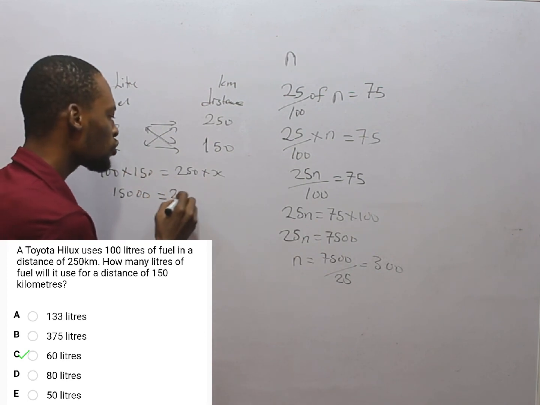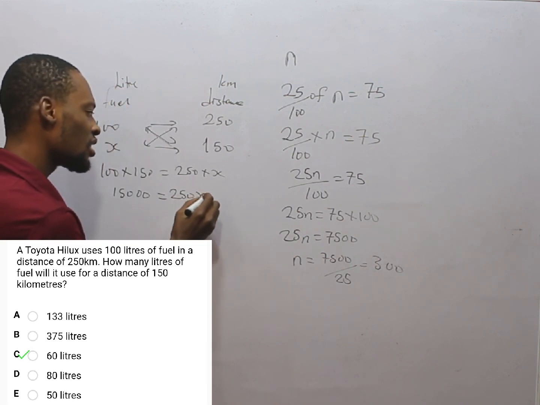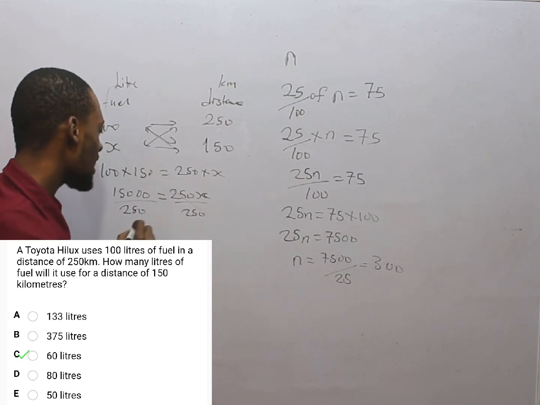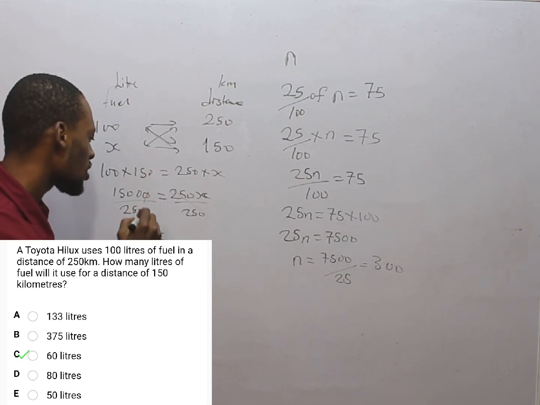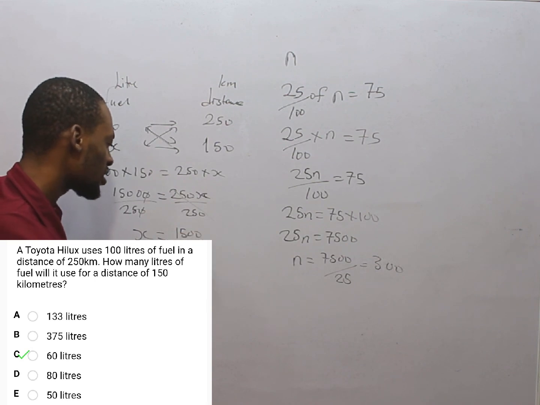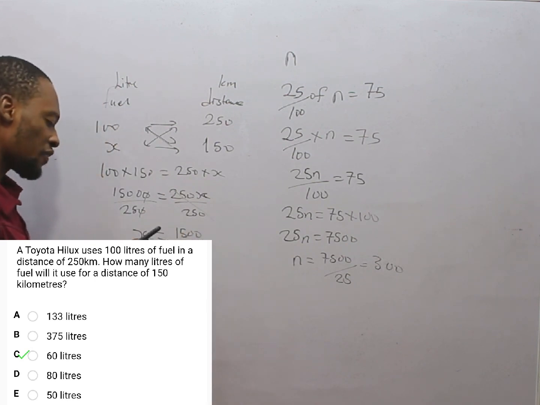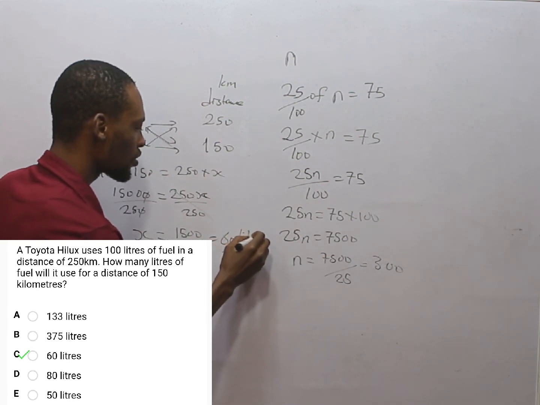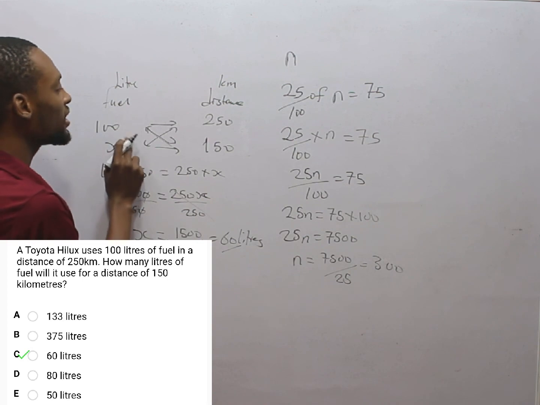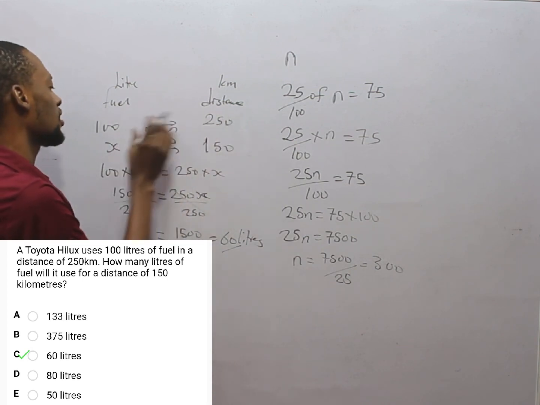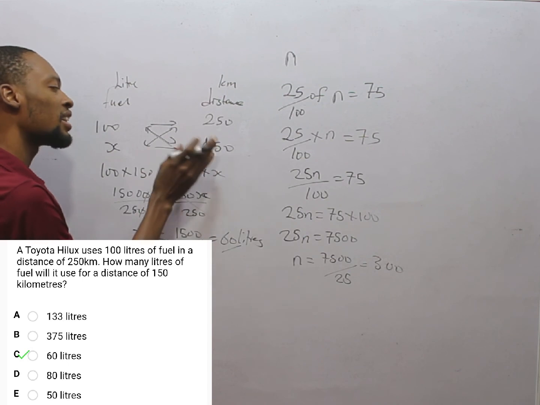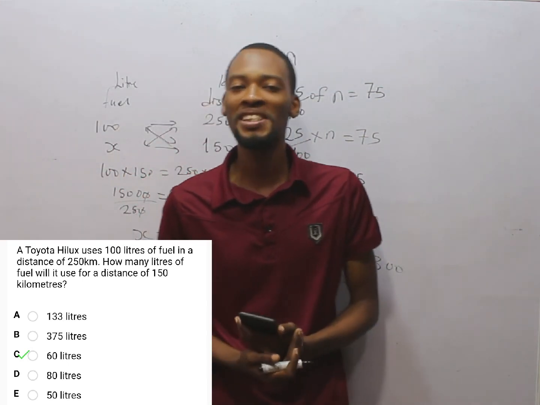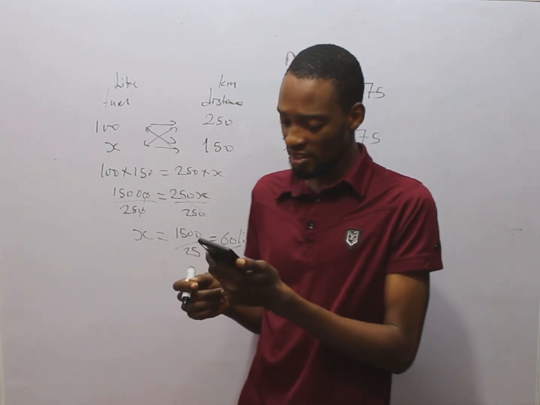So 15000 is equal to 250S. Dividing both sides by 250, S is simply equal to 1500 over 25, and that is 60. So 100 liters covers 250 kilometers, and 60 liters will cover 150. So learn this type of comparison way of solving questions. That is the answer, ladies and gentlemen.